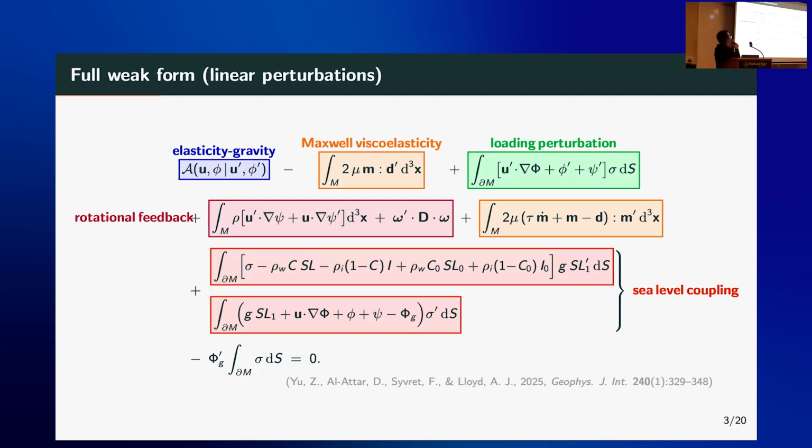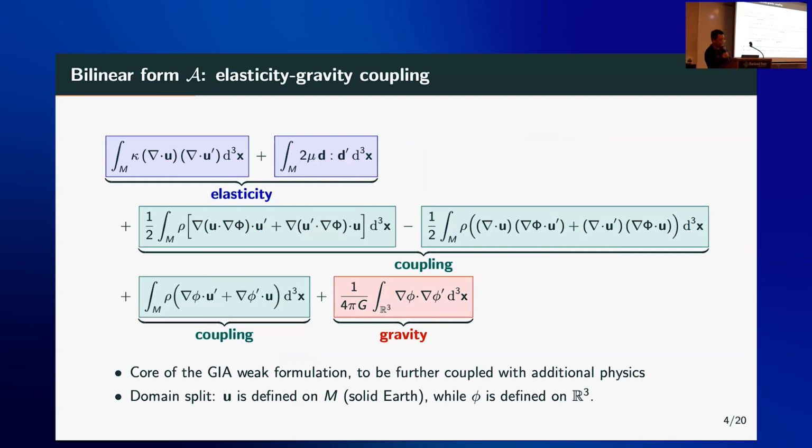And also we have loading perturbations, and this mechanism is also coupled with the Earth's self-rotation. So sometimes GIA motions will alter the Earth's rotation vector, and these changes in rotation will also feed back. The core of this formulation is elastic-gravity coupling.